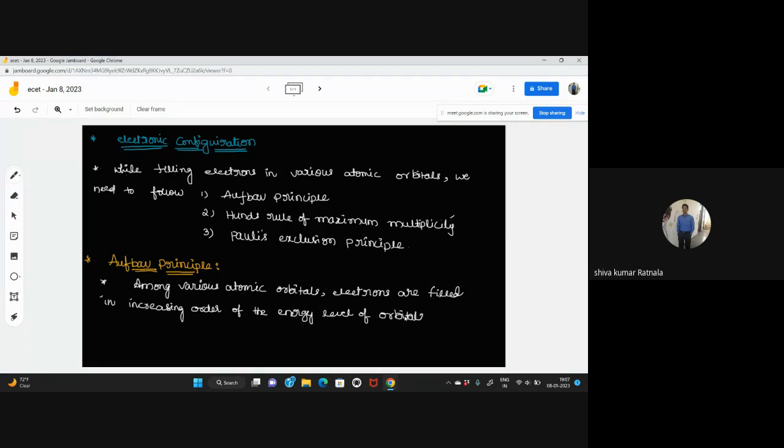So that means each and every orbital we can calculate the energy. By calculating the energy only, we can calculate the increasing order of their energy value. Then how to calculate the energy of the atomic orbital?